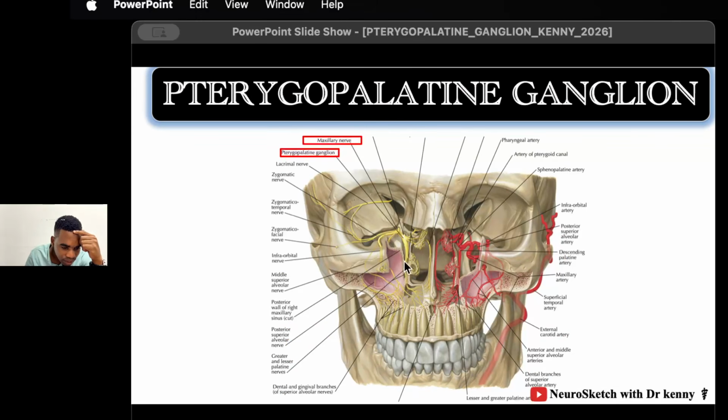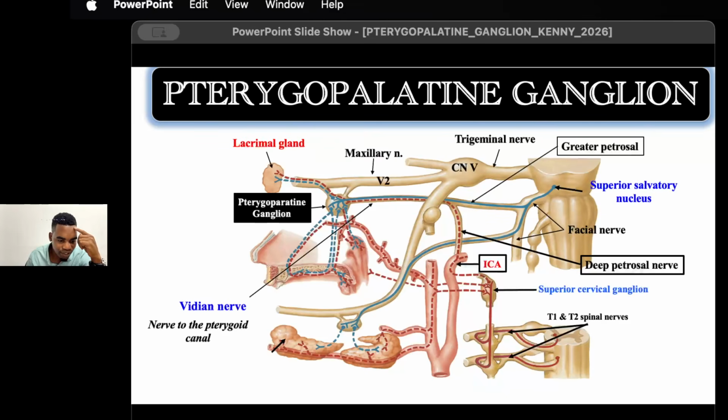So this is the pterygopalatine ganglion, suspended from V2, the sensory branch, and related to the maxillary air sinus, which is anterior to the fossa, and immediately we have the perpendicular plate of the palatine bone. So this is a snapshot of the pterygopalatine ganglion.